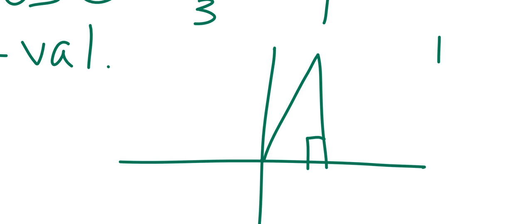Okay, so the lower edge is 1, that's the adjacent side, and my hypotenuse is 3. Find the other side. And for those of you guessing, it's not radical 2.